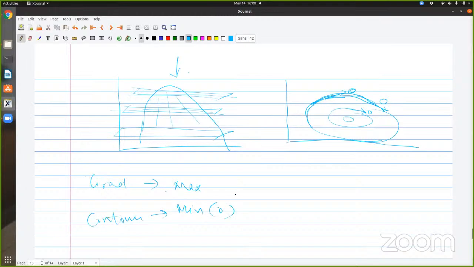We just saw an example where there is one direction d1 and another direction d2. Here it is maximum, here it is 0, and if you take the dot product, they are perpendicular to each other, correct? That's why gradient and contour lines are perpendicular to each other. Is that clear?